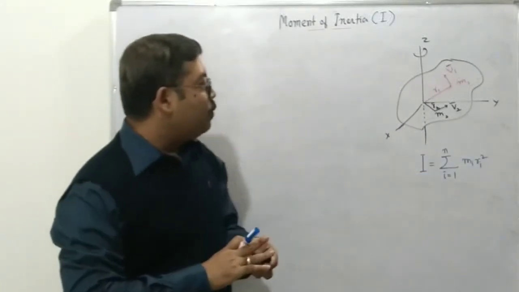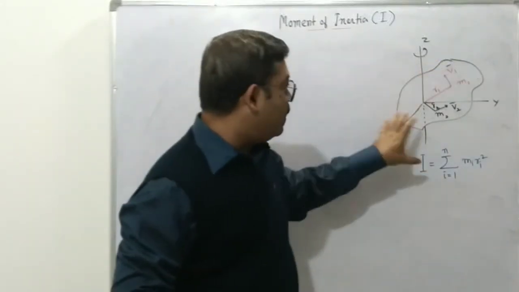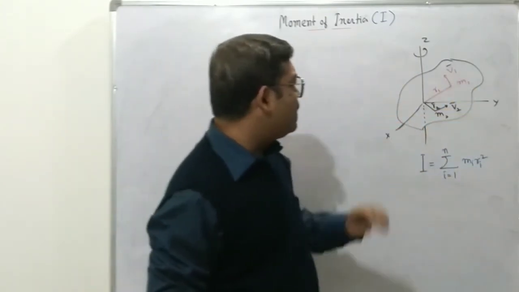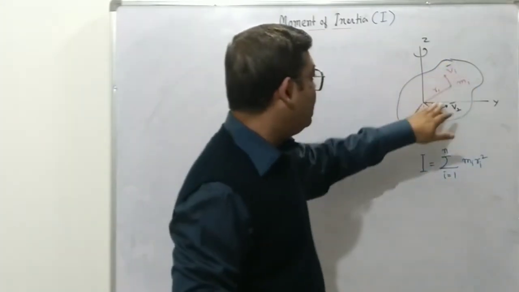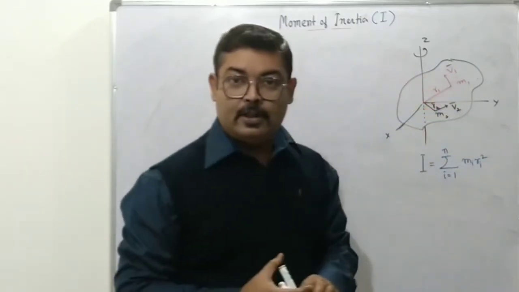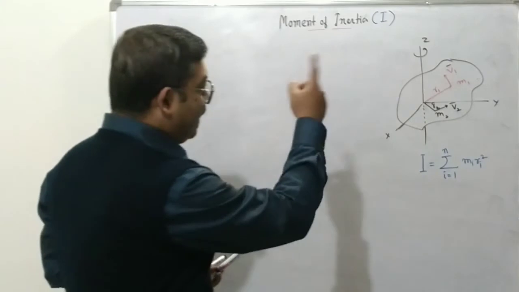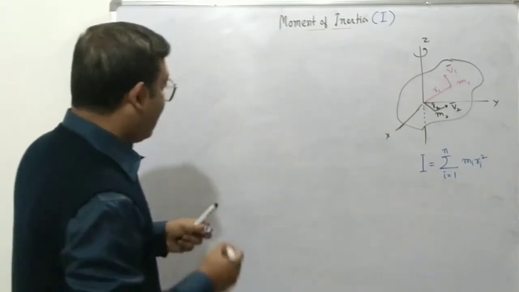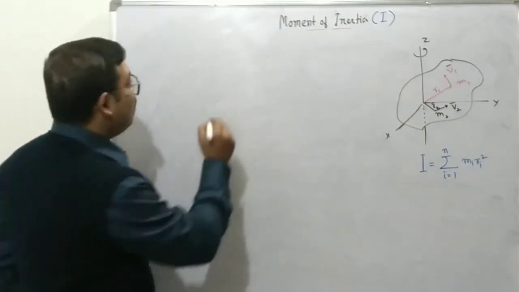Okay, now let's come to this particular diagram or this particular rigid body. What we have seen is that the different mass points have different positions and so different linear velocities. So when it is making a rotational motion, there will be kinetic energy of rotation.